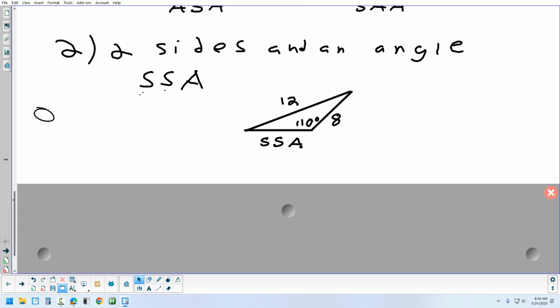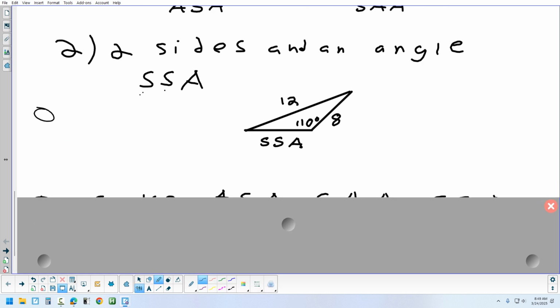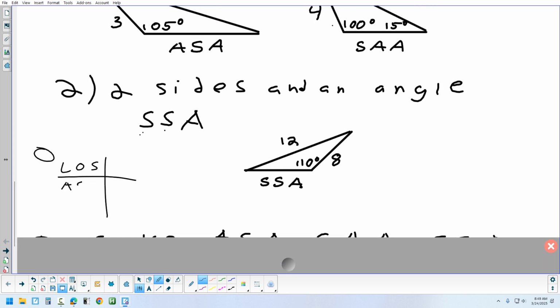Eventually, by the end of the week, we're going to have a table. One side of the table will have the 3 types for law of sines, and on the other side, we'll have the 2 types for law of cosines.